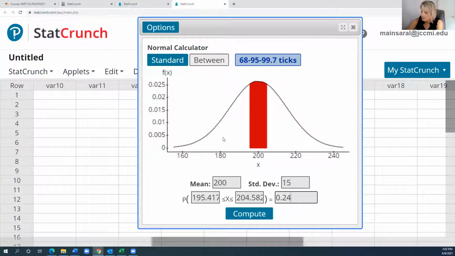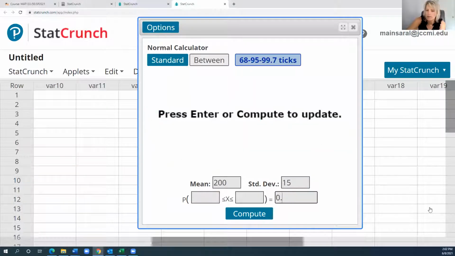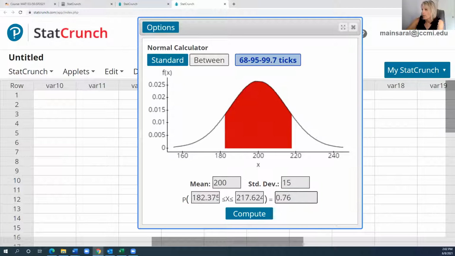Because we want the X values that mark what's inside, which is 1 minus 0.24, which is 0.76. So that should be 0.76. There we go. So 182.38 is the lower bound, and the upper one is 217.62.